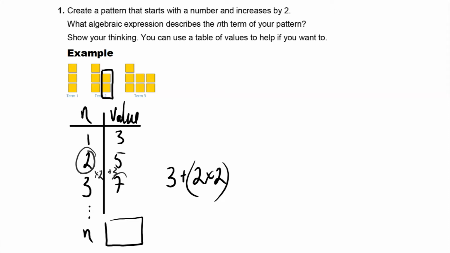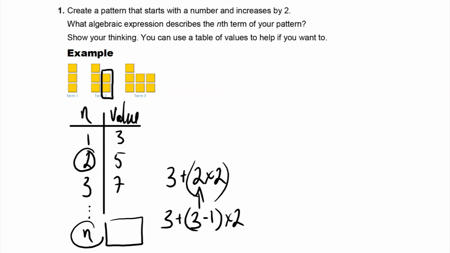To get to 5, we started with 1 group of 2 and added 3 to it. So rather than working with the value of n, we're actually working with n minus 1. To get that 2, we did 3 minus 1, times 2, and added it to the 3.